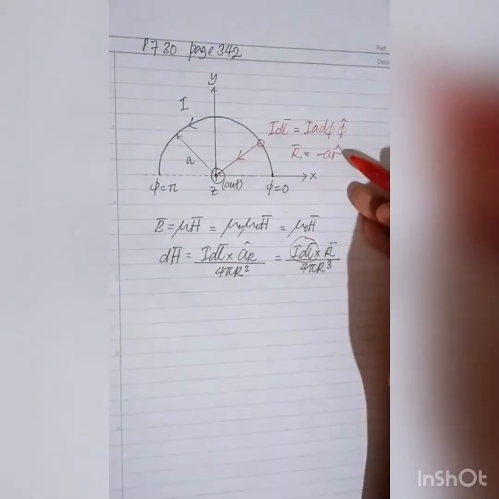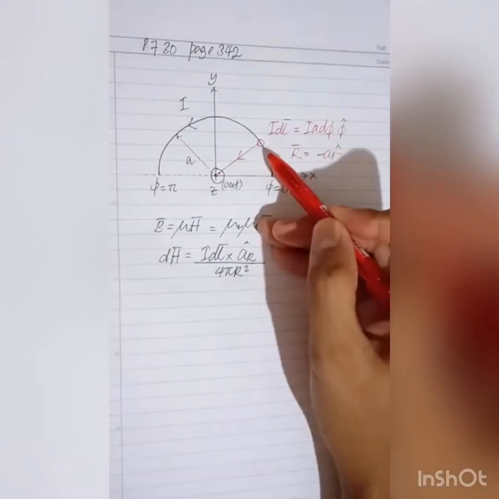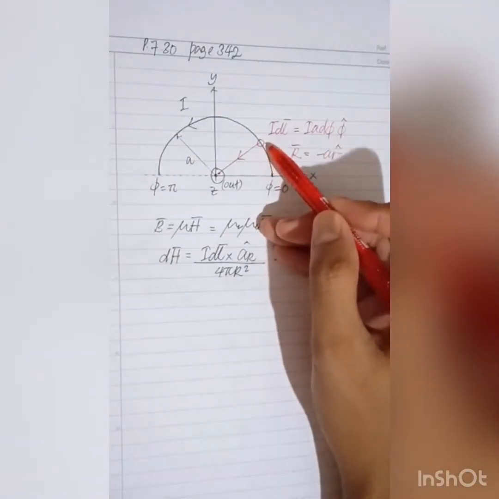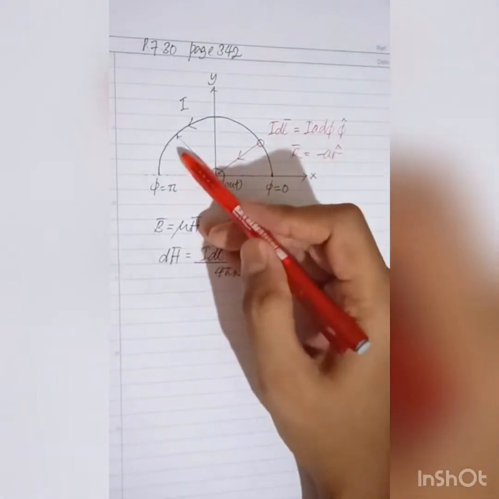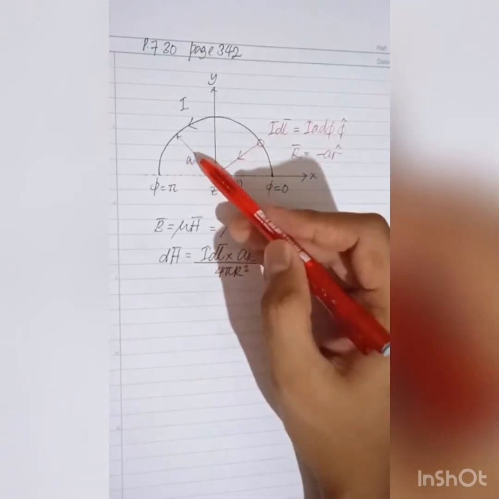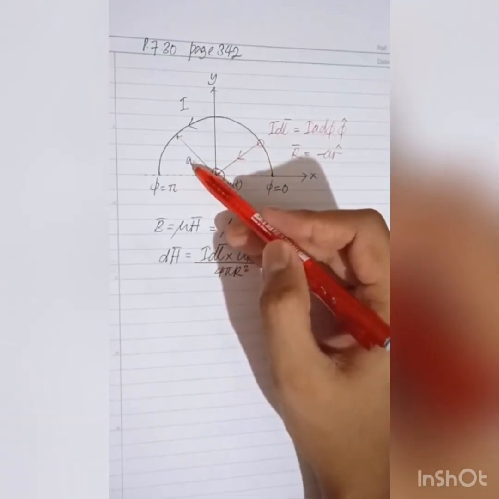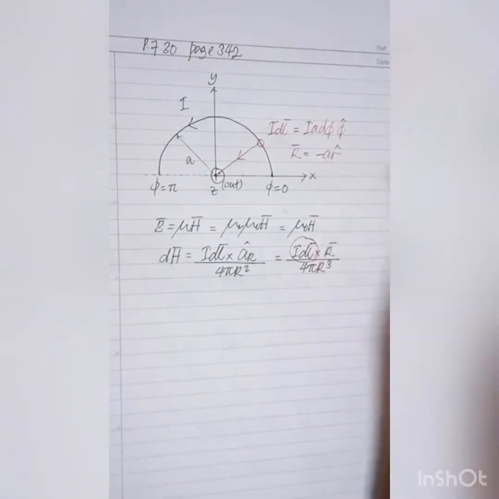So now we only have the r component. Why negative? Because this R vector points radially inwards. And why a? Because the radius is kept constant all the time. The only change is in phi, and the radius remains constant. So this is why I can just change R here to a.